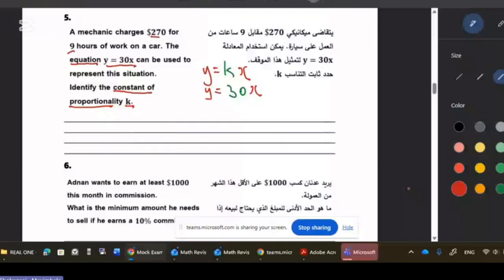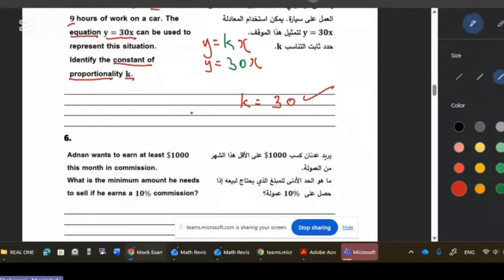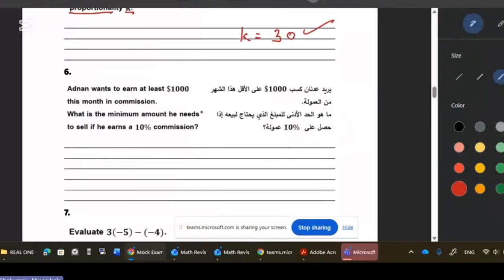Therefore, I can write my answer as k is equal to 30. And that's my answer, because k is a constant of what? Of proportionality. So k is equal to 30. All right? And you'll have your full marks. Okay? I hope that makes sense. Let's move on to number 6. And that's all you need for that question, guys.